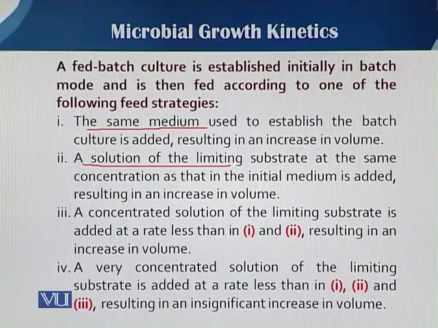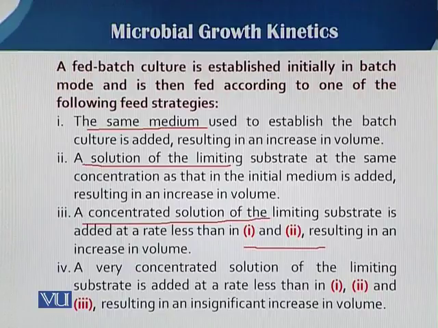But in the third strategy, we do what was mentioned in strategy 1 and strategy 2, but with a highly concentrated volume. By this, we can add either the whole medium or the limiting substrate in a concentrated form.